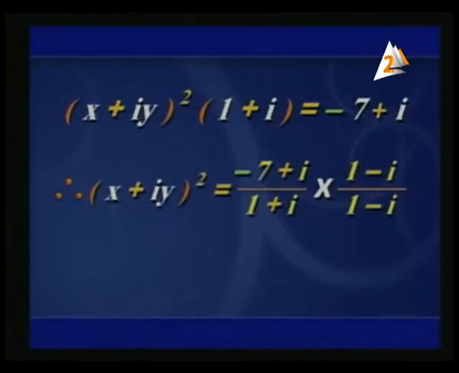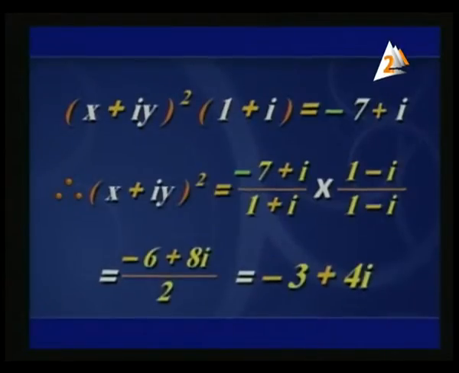Therefore, x plus iy all squared equals negative 7 plus i over 1 plus i, times its conjugate 1 minus i over 1 minus i, equals negative 6 plus 8i over 2, equals negative 3 plus 4i.